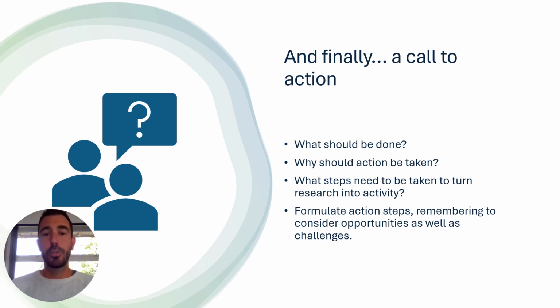What steps should be taken to ensure people are aware of the need for action? And how do we create research that is then going to be applied? How do we formulate action steps to consider the opportunities as well as the challenges that I've identified to show the benefits of doing research in the future?